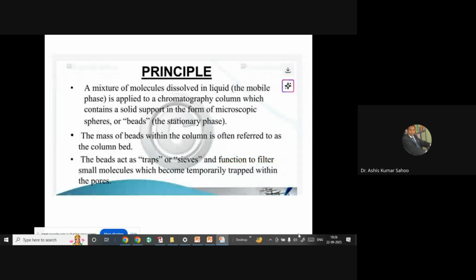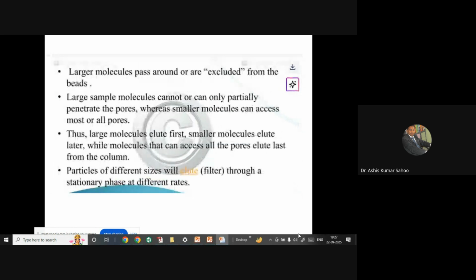So what is the principle by which this chromatography works? A mixture of molecules dissolved in a liquid, the mobile phase, is applied to a chromatographic column which contains a solid support in the form of microscopic spheres, beads. The mass of beads within the column is often referred to as the column. The beads act as a sieve. Large molecules pass around and are excluded from the beads.